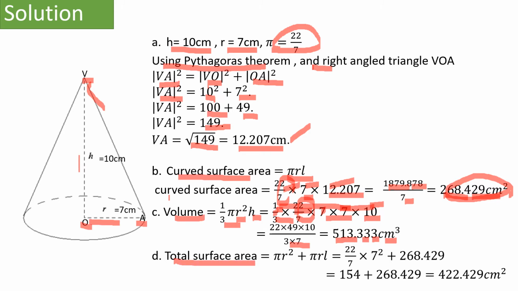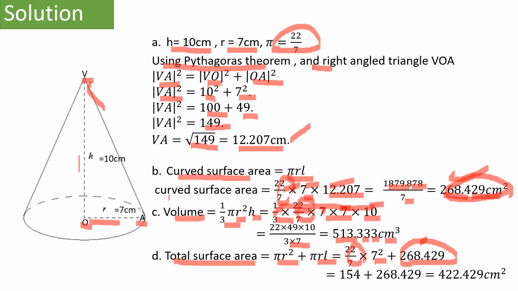We are now moving on to the total surface area. Total surface area of a solid cone is pi r square plus pi r l. So pi is 22/7. R is 7, so 7 square. We already have the pi r l, so we insert the value. So the pi r l is what we obtained here. So we just bring it back here.